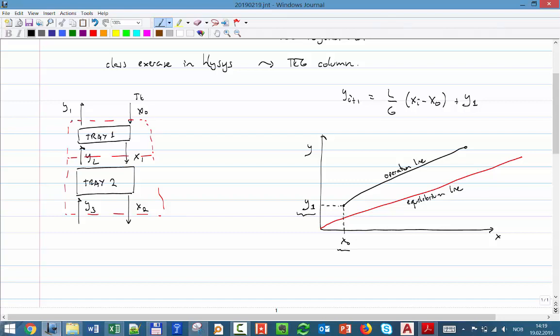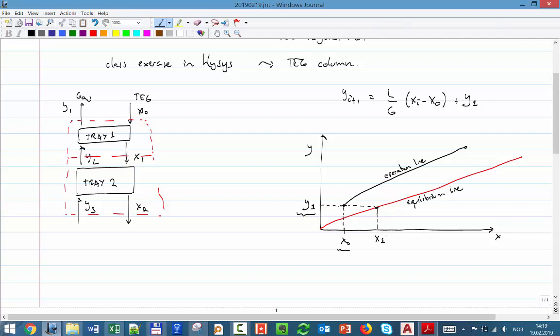Remember, that's TEG coming down, that's gas coming up. And then we start our calculations. We know that Y1, the gas coming out of the column, has to be in equilibrium with X1. That means it has to fall on the equilibrium line. So here we'll find X1.